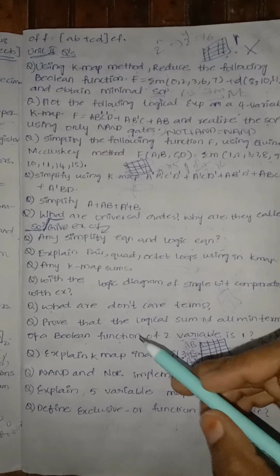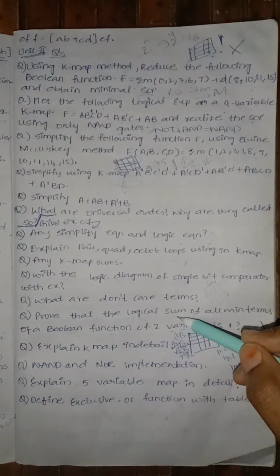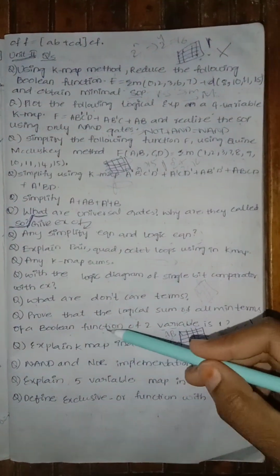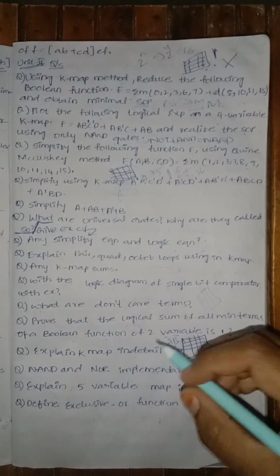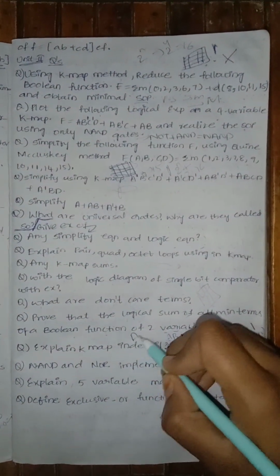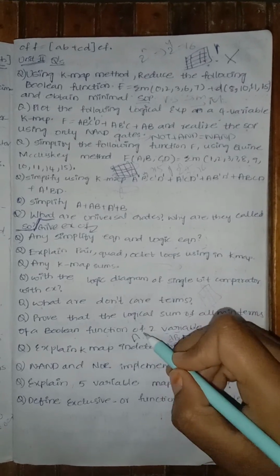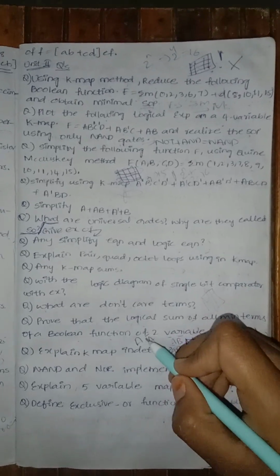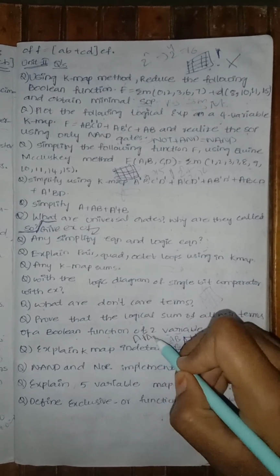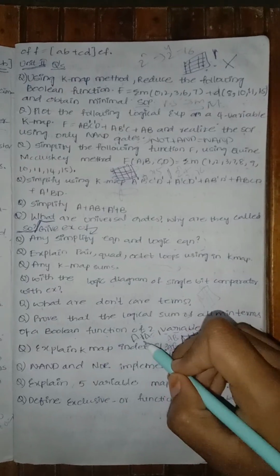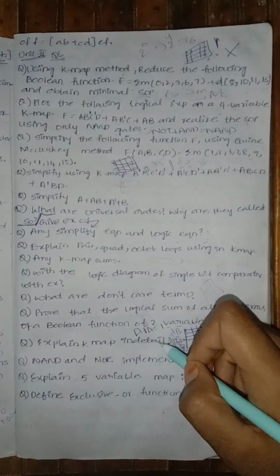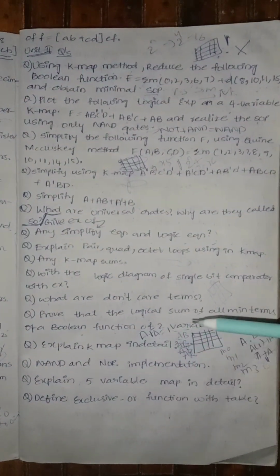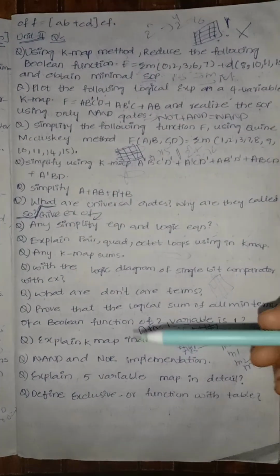This is an example for proving the logical sum of all minterms of a Boolean function of two variables is 1. This is an example of multiplying one element with its complement. In the case of the OR operation, it equals 1, like b plus b dash, a plus a dash, c plus c dash equals 1. It is an example for two variables being 1.